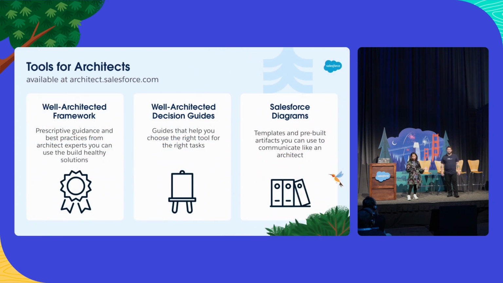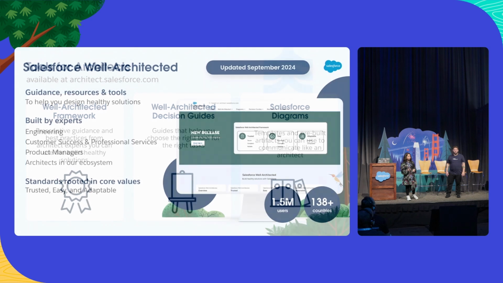There's lots of tools available on architect.salesforce.com, but we're going to focus on the three main tools that we think are essential to be in your toolkit. The first of them being the Well-Architected Framework. Second, Architect Decision Guides. And then we'll round it out with Salesforce diagrams so that you know how to communicate your ideas with your stakeholders. So let's go ahead and dive right in.